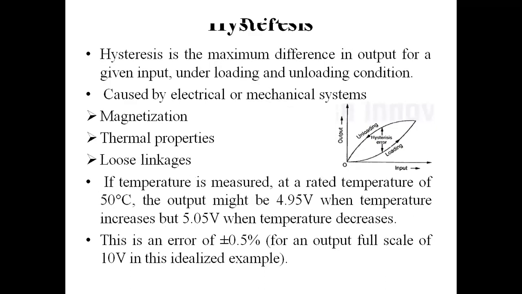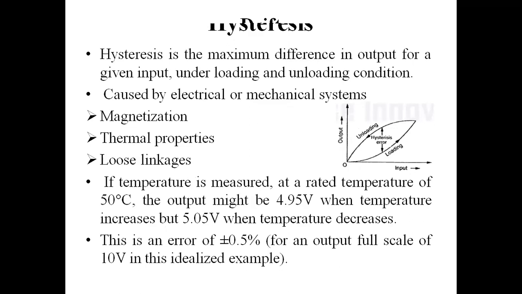Next is hysteresis. What about hysteresis? It is the maximum difference in output for a given input under loading and unloading conditions. It is caused by the electrical or mechanical system, often due to magnetization, thermal properties, and loose linkages.